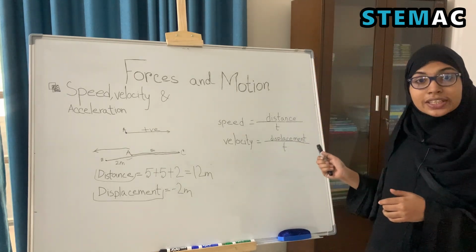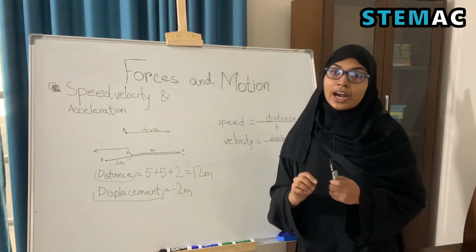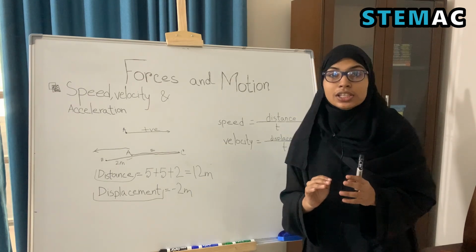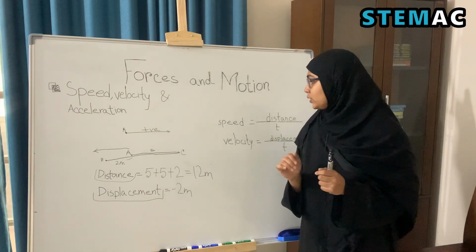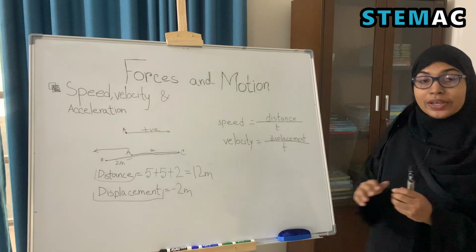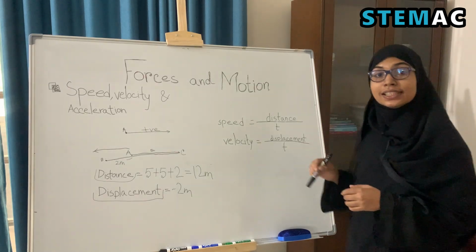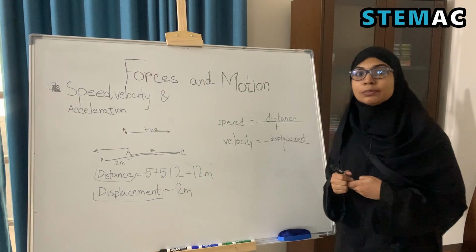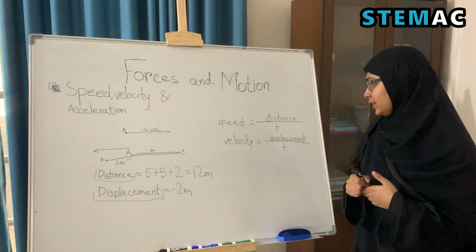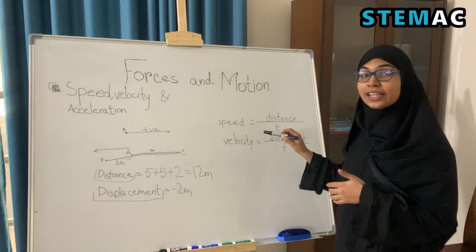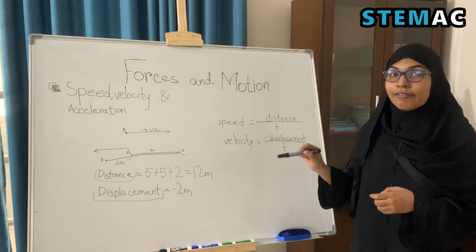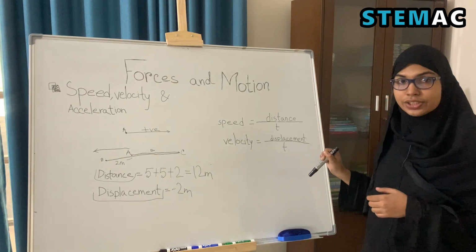But while measuring displacement, we take the direction into account also. So distance is a scalar quantity and displacement is a vector quantity. Similarly, speed is a scalar quantity and velocity is a vector quantity.